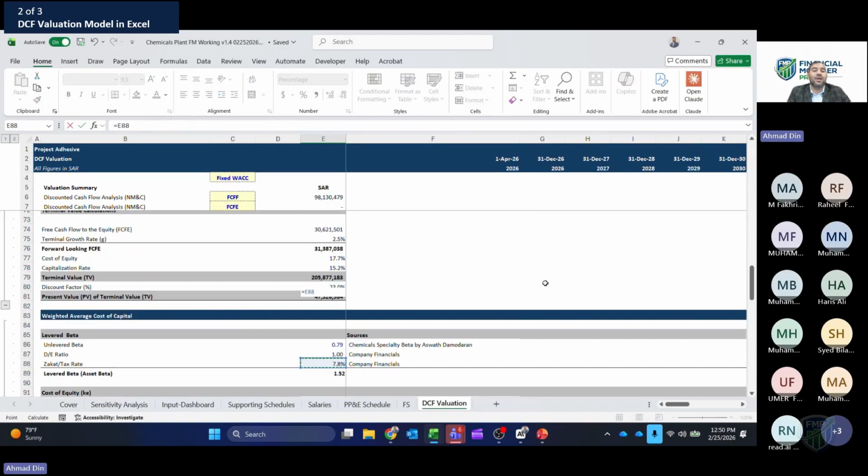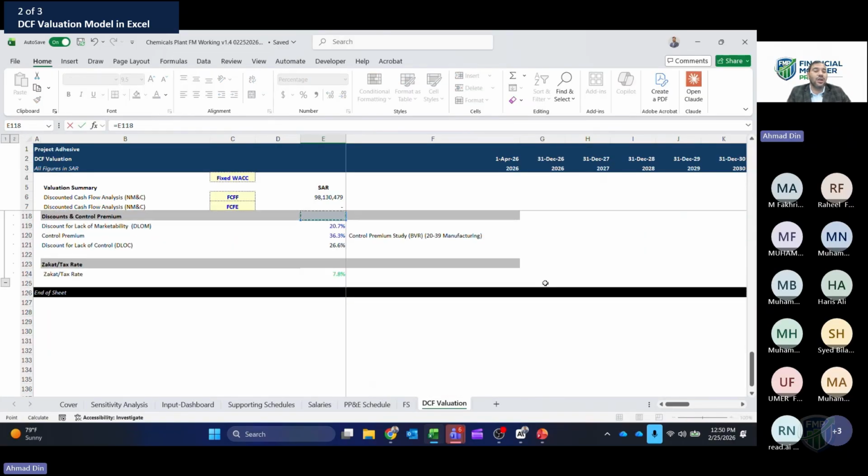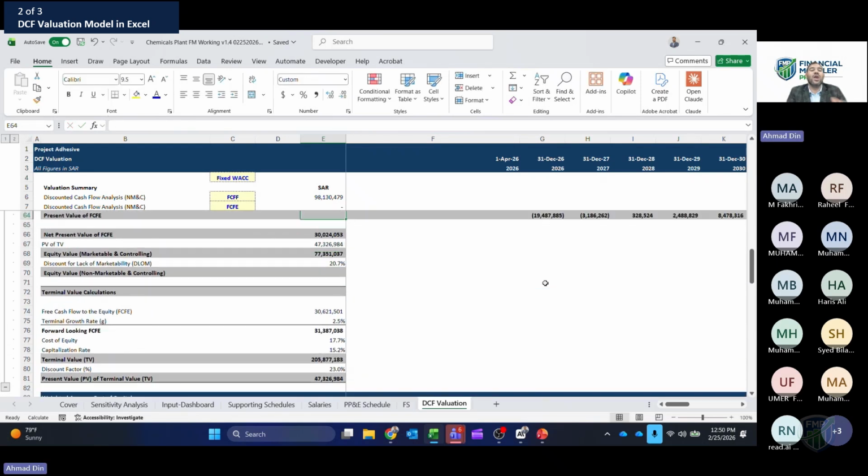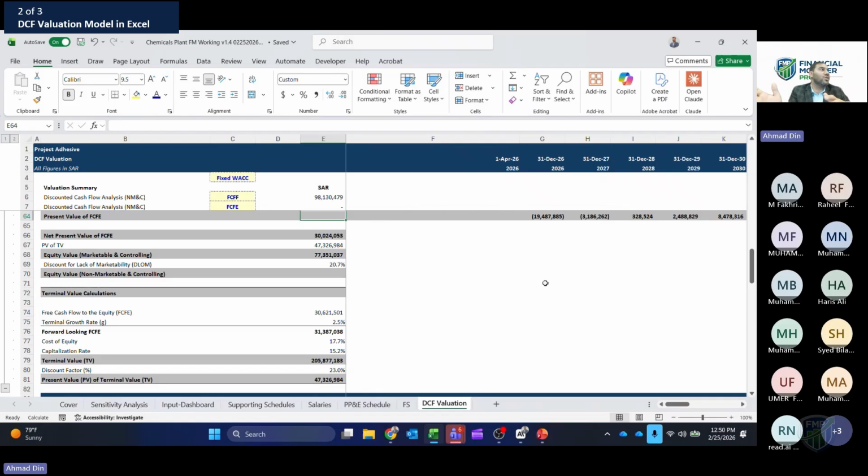Then, same method, we will apply the DLOM, discount for lack of marketability. Means we are going parallel with whatever we applied in the first method; the second method will be the same. So our equity value multiplied by 1 minus the discount. Okay. So now we have the equity value.